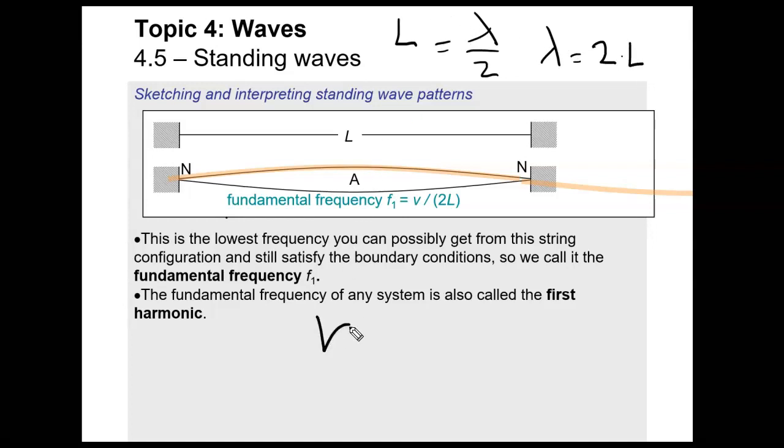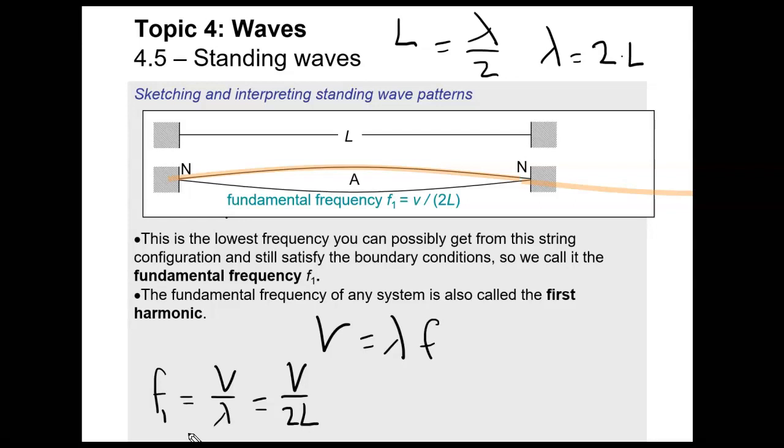But because of the wave equation, which is V equals lambda times F, we can plug into this, and we get V over lambda, which is V divided by 2L. Okay, and this is what we call F1, the first harmonic, or the fundamental frequency. And so if you vibrate the string at this frequency, you will produce this type of standing wave. You'll produce the first harmonic.